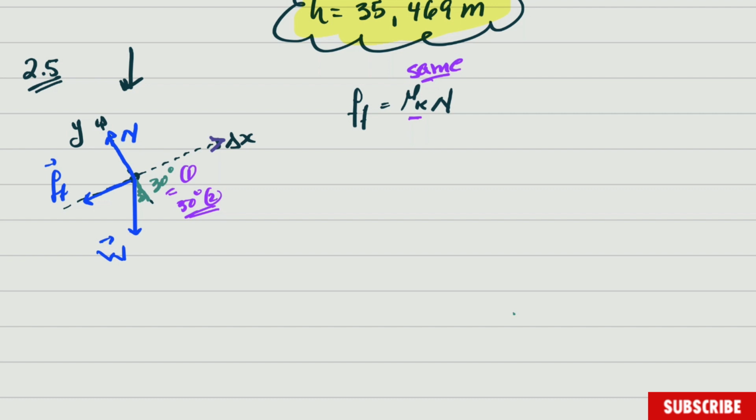Note that in this free body diagram you must add the components of the weight. Here you will have the weight in the y-axis, which, if you remember, is equal to weight multiplied by the cosine of theta, where you have two thetas, 30 for the first scenario and 50 for the second scenario.